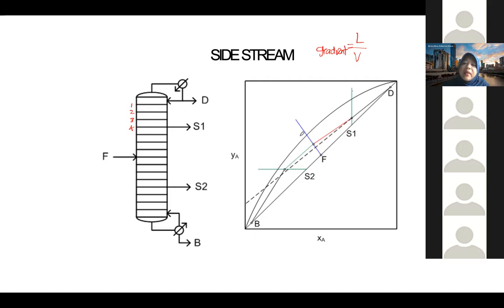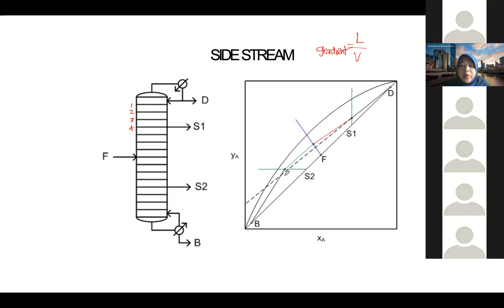Okay, and for example, we have a feed. Yeah, and the feed is actually a mixture of vapor and liquid. Okay, so then you have your new one. And after that I have another side stream over here. Okay, and then we check again from the bottom.